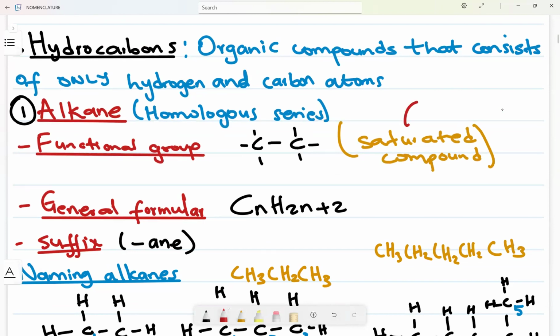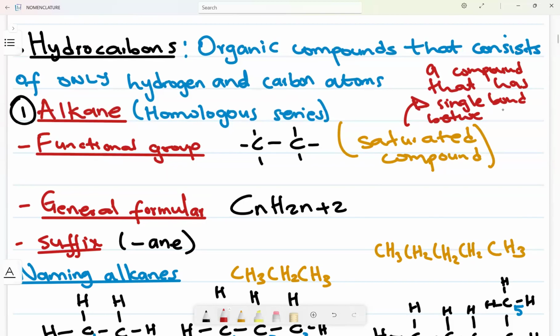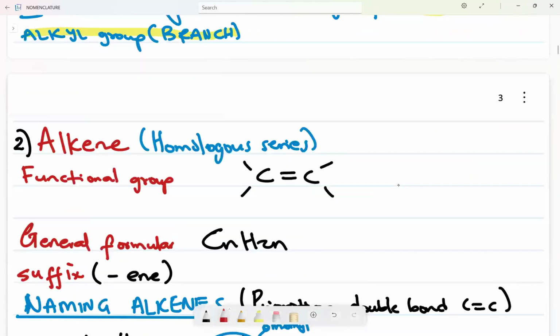A saturated compound is a compound that has single bonds between C atoms. Between C atoms. Okay? Yes. This is what we refer to as a saturated carbon compound, or saturated hydrocarbon.